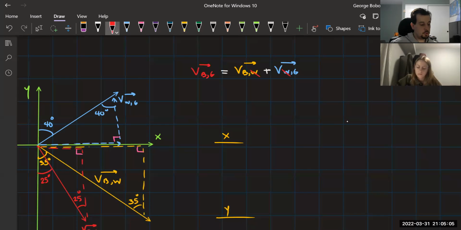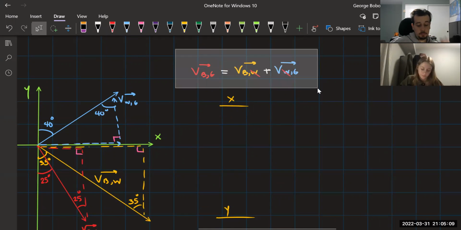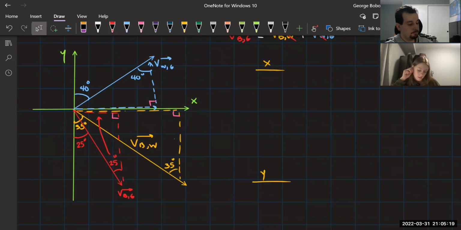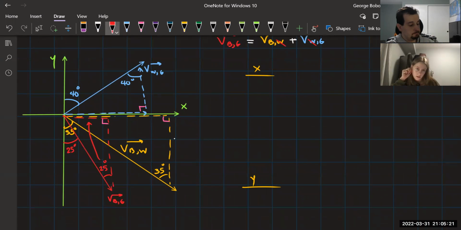Fair enough. So you want the X components right now of all of these. Let's get it. So it would be VBG, wait, yeah, sine, opposite, so yeah, sine 25. Okay.